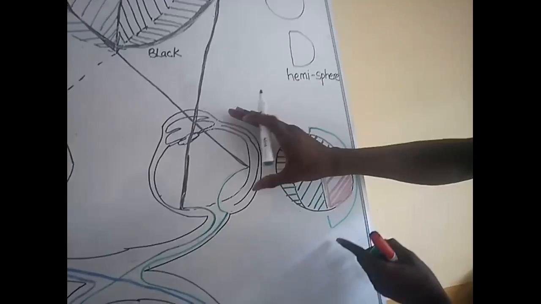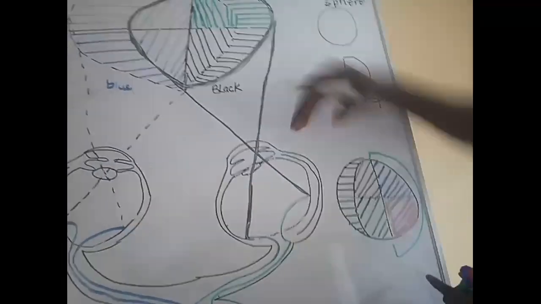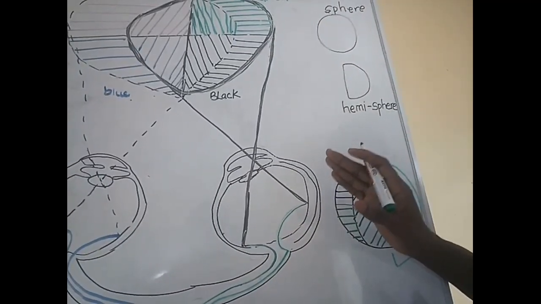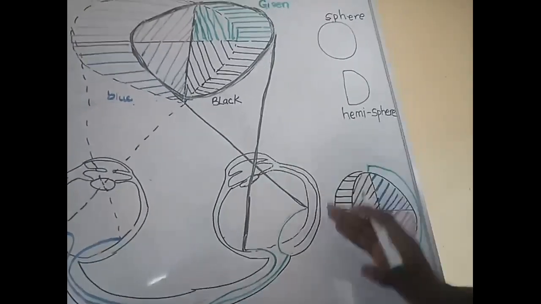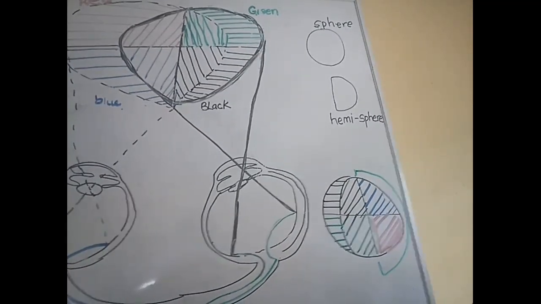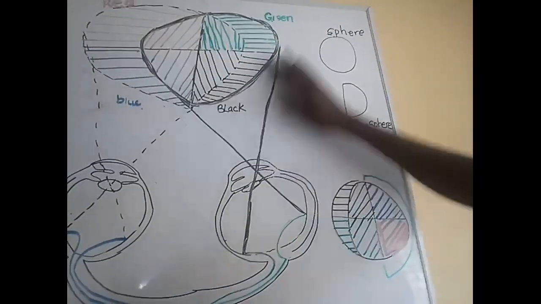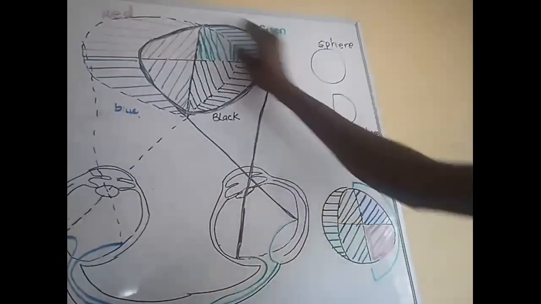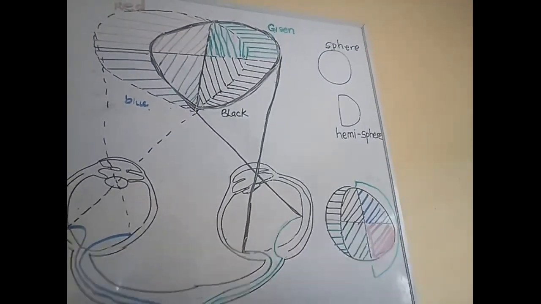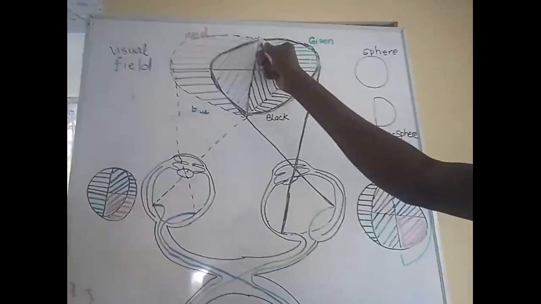So what is seen by the temporal part of the retina, or the light rays that come to the temporal part of the retina of the right eyeball, is what we see here. Remember, we established that this visual field is what the right eyeball sees, the darker stained region. Good. So the right side perceives a hemisphere that is described here.